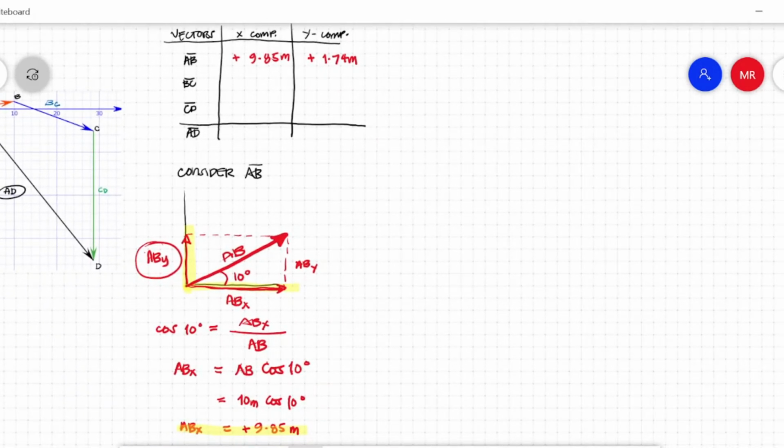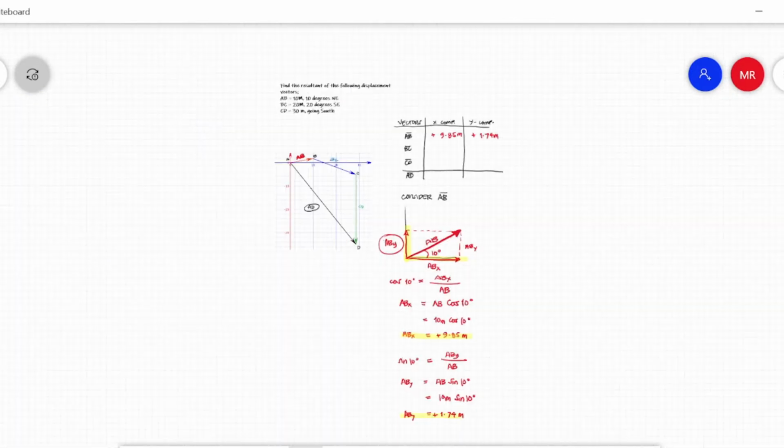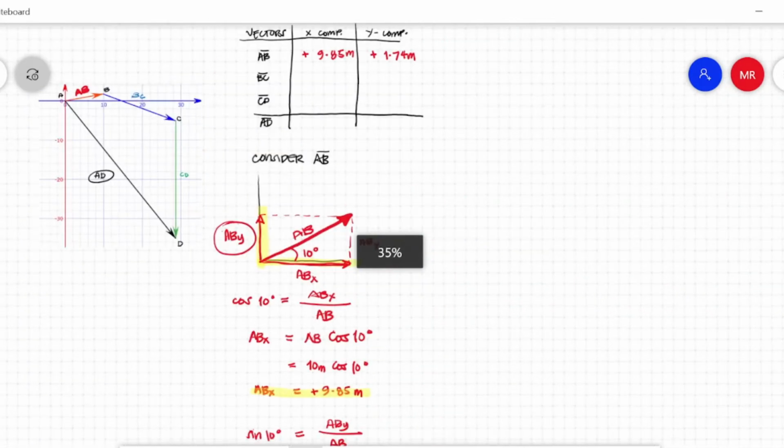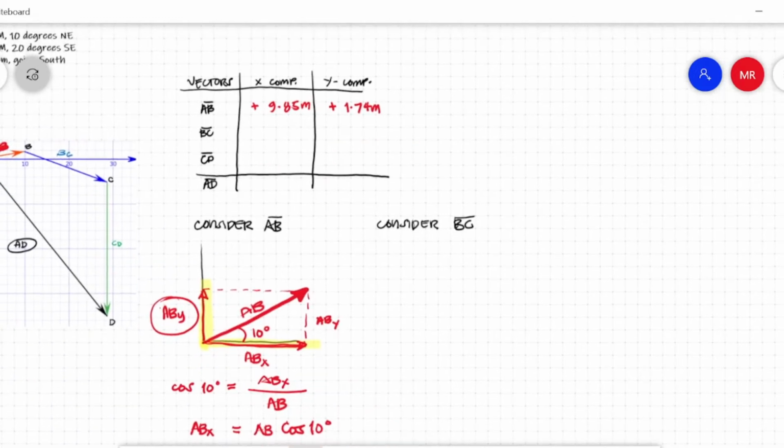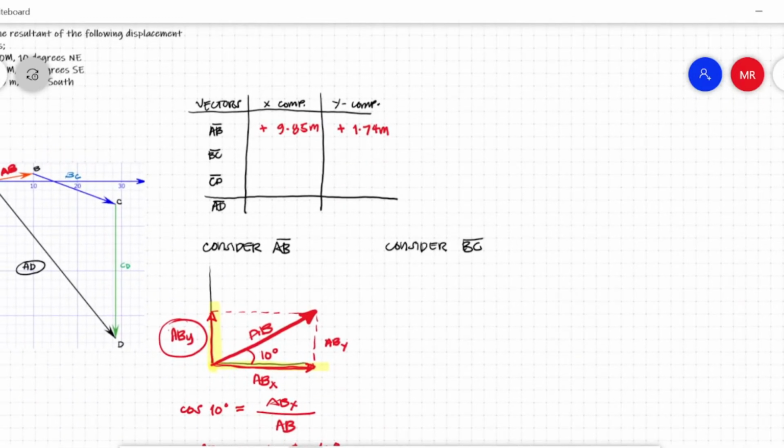So let us proceed to our second vector, vector BC. If we consider vector BC, ang magiging itsura ng vector BC will be like this. So this is your vector BC. We will again project the x and y component.